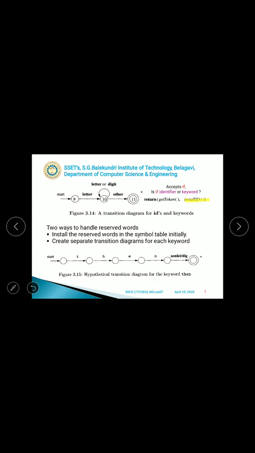Up to n it comes to this state, and here it is non-letter or digit. It means that generally there is an if expression, then again there is some statement, so that can be followed by anything. That's what is given here, non-letter or digit, and then finally it comes to the accepting state. It means that you are moving from start to accepting state by consuming then. So this is another way of recognizing the tokens.